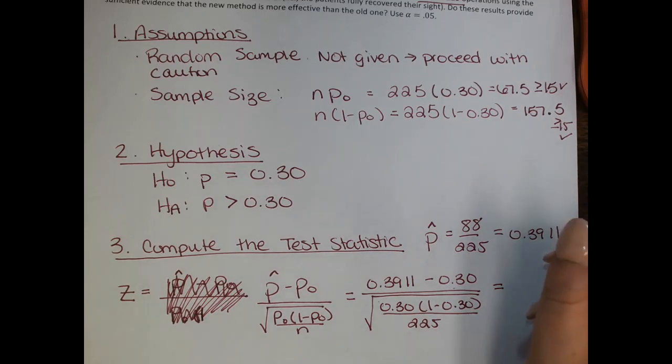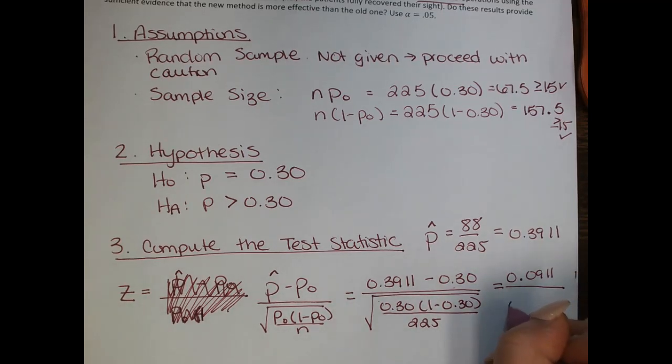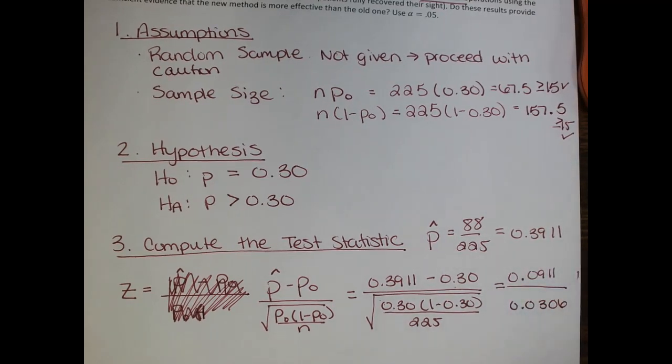So first, calculating my numerator. And then calculating the denominator. And again, taking everything out to 4 decimal places.